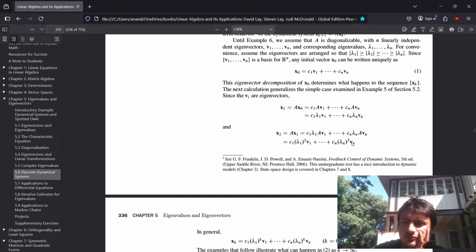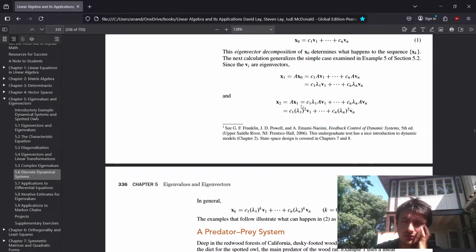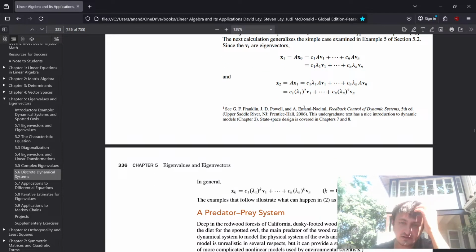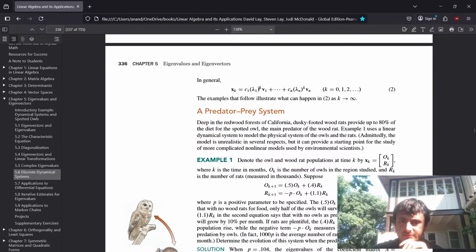Oh, that's really cool. So you can just take powers of the eigenvalues in general, right? There you go.